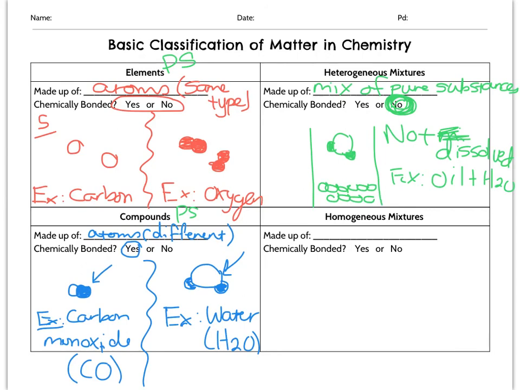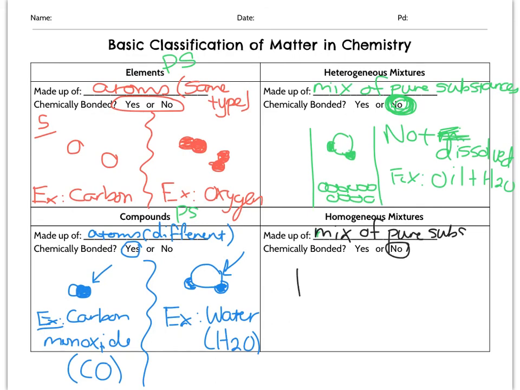And then the last one, homogeneous mixtures. Sorry, I hadn't changed my color. Homogeneous mixtures are again a mixture of pure substances. Okay, they are not chemically bonded. Make that super clear.